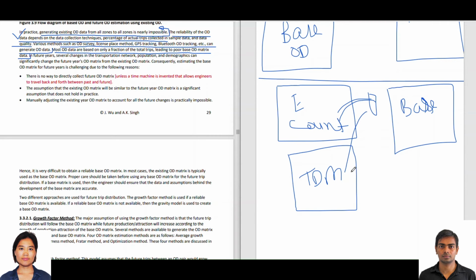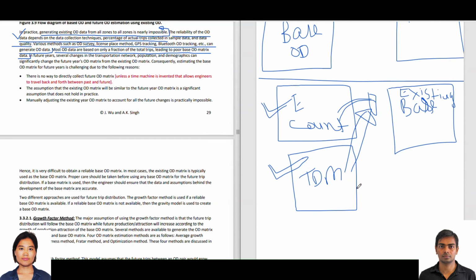Both of them combined together are used to generate the existing base matrix. The existing base matrix is taking a distorted OD from the count and a distorted OD matrix from the TDM, because TDM is never accurate in some sense.